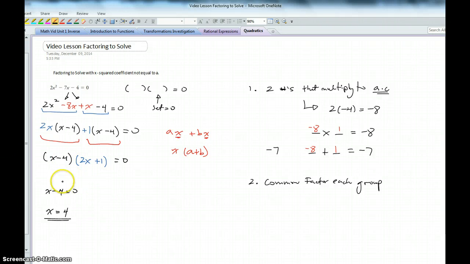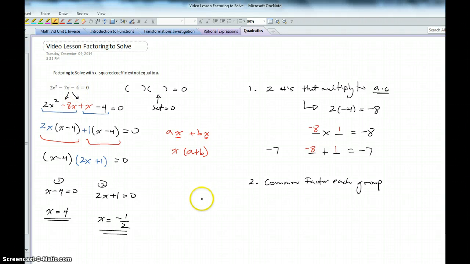So this is the first solution. The next bracket we're going to solve: 2x plus 1 equals 0, and this is going to be x equals negative 1/2. That's our second solution. These solutions mean that when x is 4, this expression or this function equals 0. When x equals negative 1/2, this expression is 0.